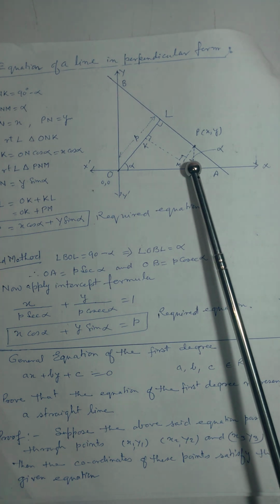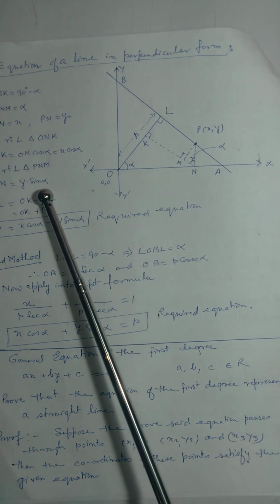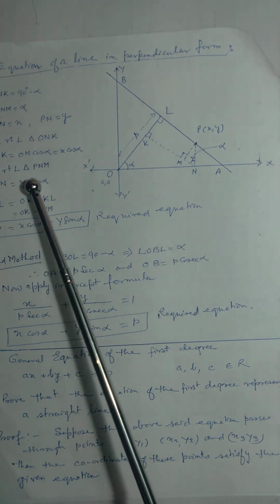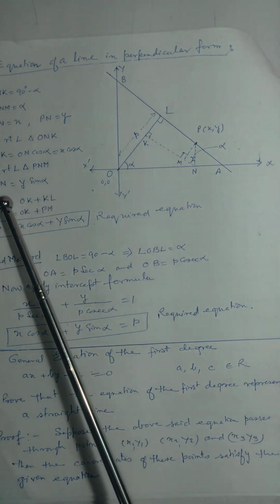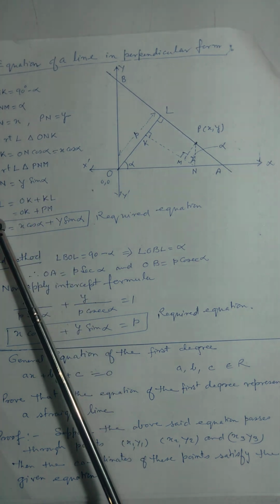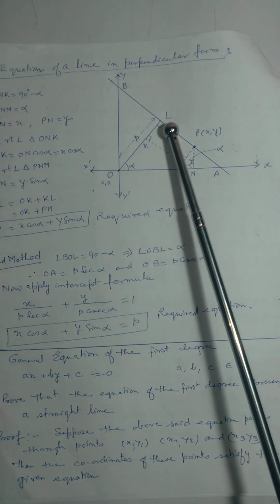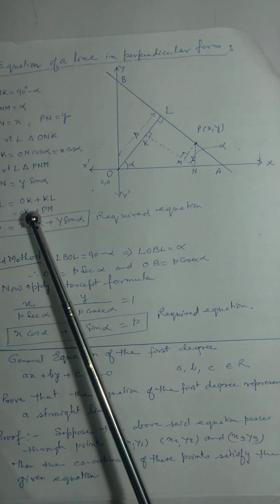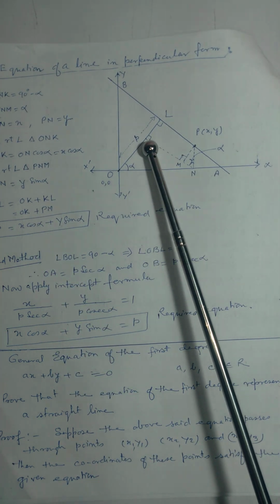Here the right angle is at M. So OL, the complete perpendicular, is equal to OK plus KL.